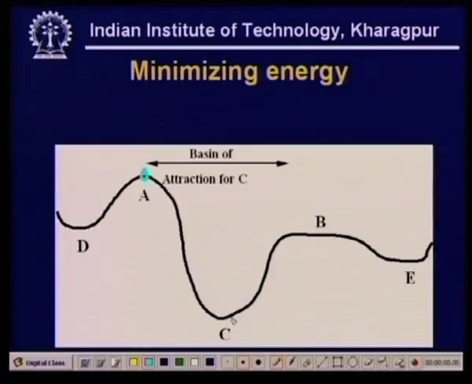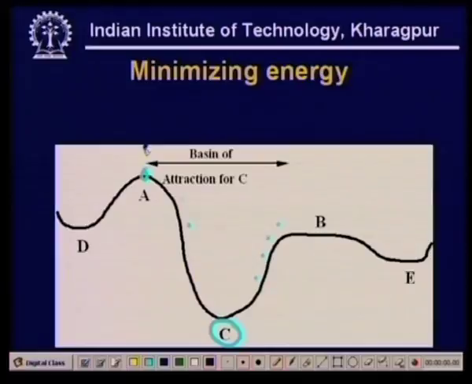This diagram is for a minimization problem where C is the global minimum. And what we see is that if we start at any of these positions, we can get to the global minimum.